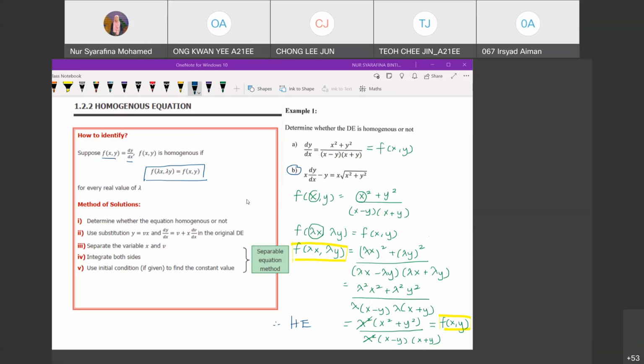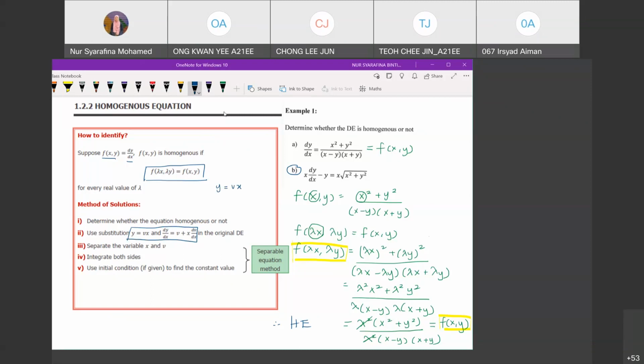So how can we find the solution of a homogeneous equation? There are steps here. First, you need to determine whether the equation is homogeneous or not. We have done how to identify the homogeneity of the equation. Then we need to use the substitution. There is a specific substitution for homogeneous equations: y equals vx.